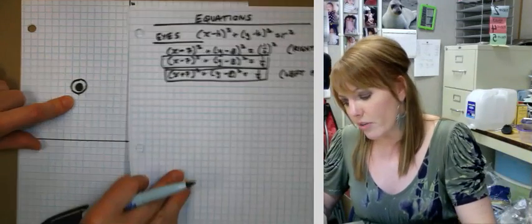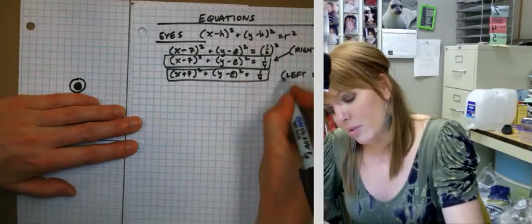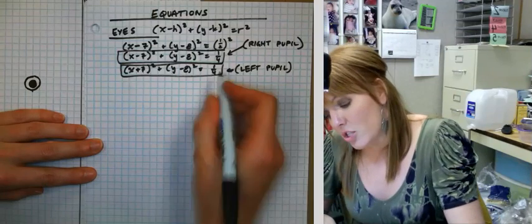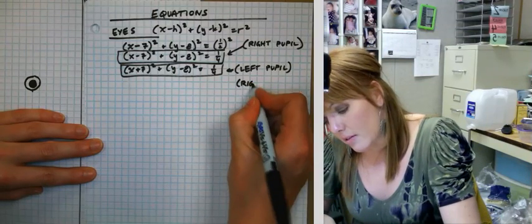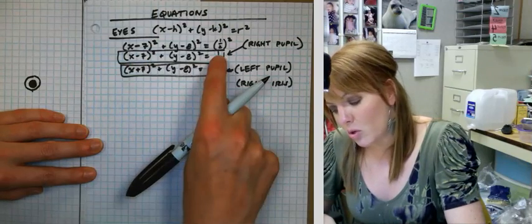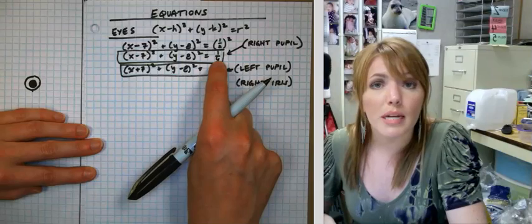So if I go back over here, I can then say, okay, this one's the right pupil, this is the left pupil. Just realized you can't really see that very well. But now if I want to do the right iris, because the center and everything is the same as the right pupil, the only thing that's going to change is that the radius is not 1/2 anymore, the radius is 1.